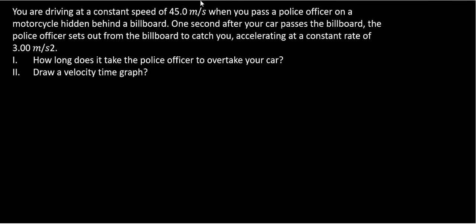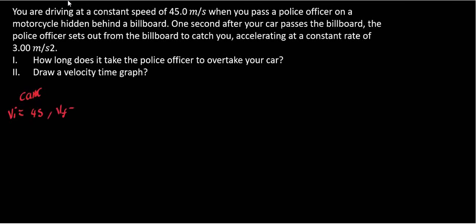Right? So in that situation, what we do here is this. You have the car here, that's a car, right? That was moving at what speed exactly? That's the initial velocity in short. 45, right?